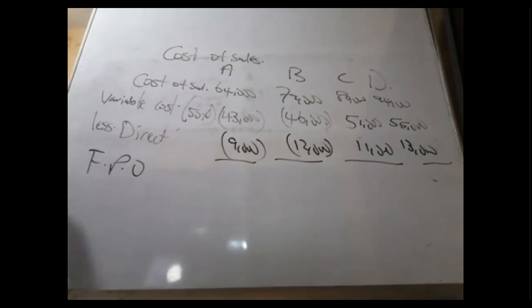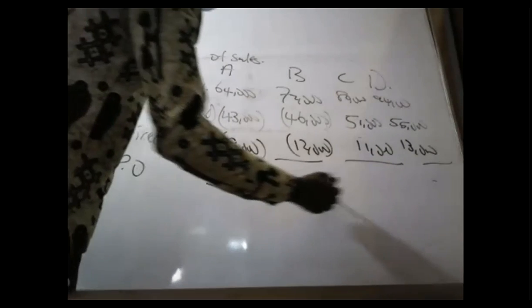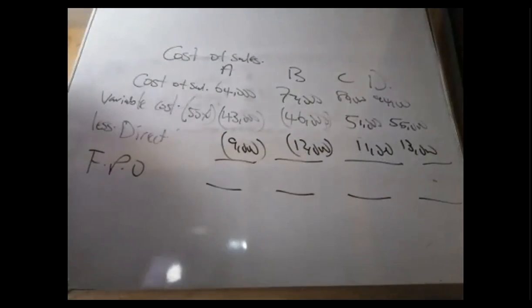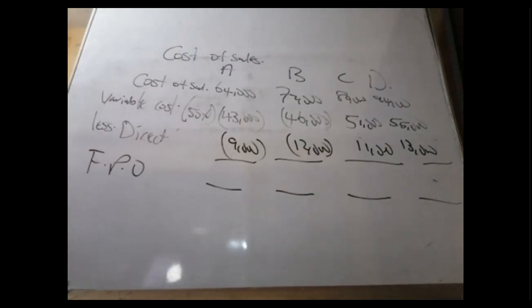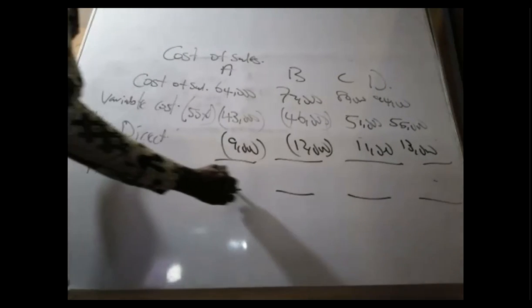Now subtract all this to give you the fixed production overhead. So that's 64 minus 43 minus 9. So this one should give us somewhere 12,000.